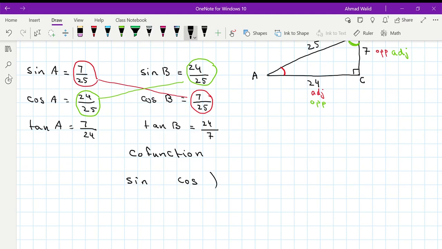They're like ordered pairs, correct? The same way, cosine and sine are co-functions. Tangent and cotangent, they are co-functions of each other. Secant and cosecant, they are the co-functions of each other.